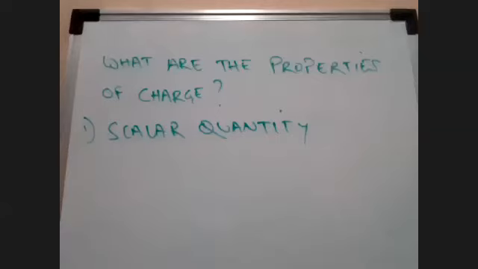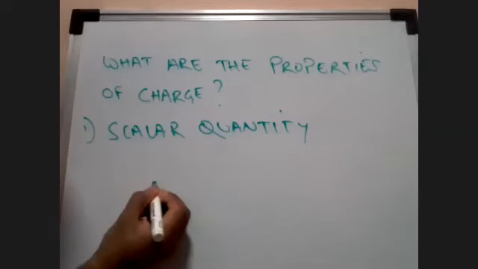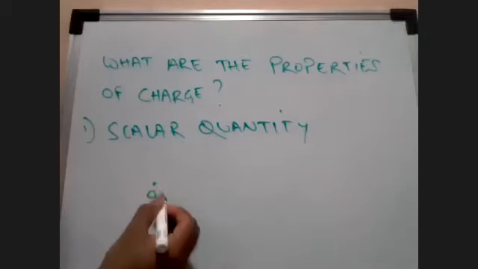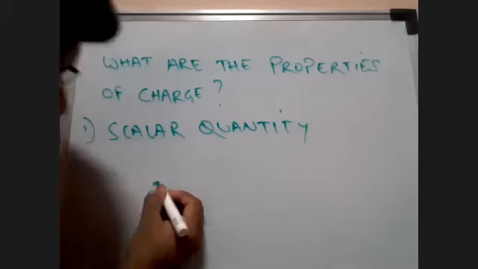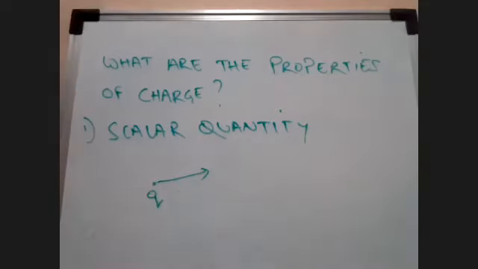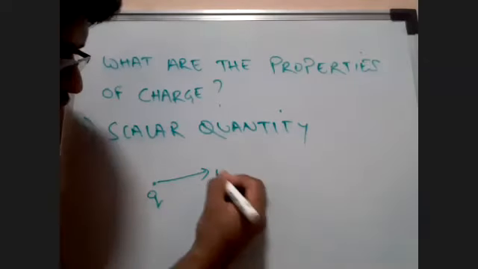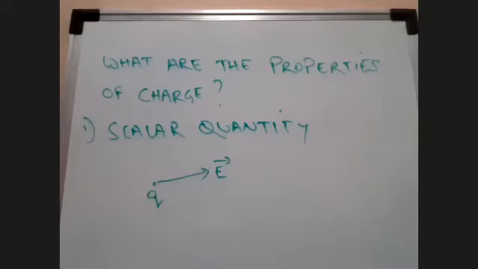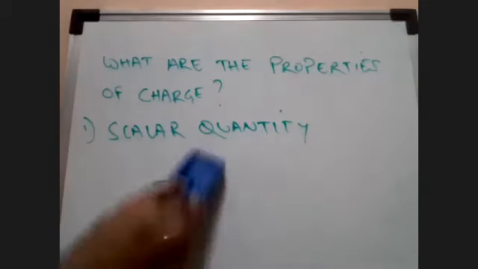So unless there is a charge, say Q, and it is producing an electric field in a particular direction, for example, this. So this electric field will have a direction, and this electric field will be called a vector quantity. But charge in itself is a scalar quantity.